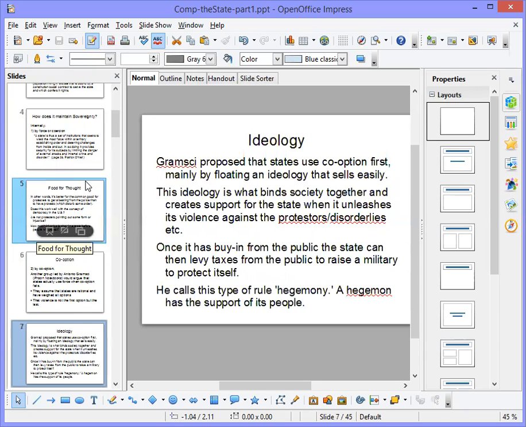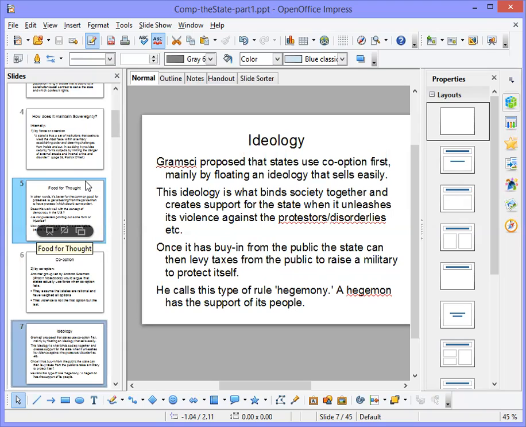Ideology. Antonio Gramsci is one of the scholars who looks at whether the state is using co-option to create buy-in by the population, right? So this ideology is what binds society together. It's a set of values that the state creates.